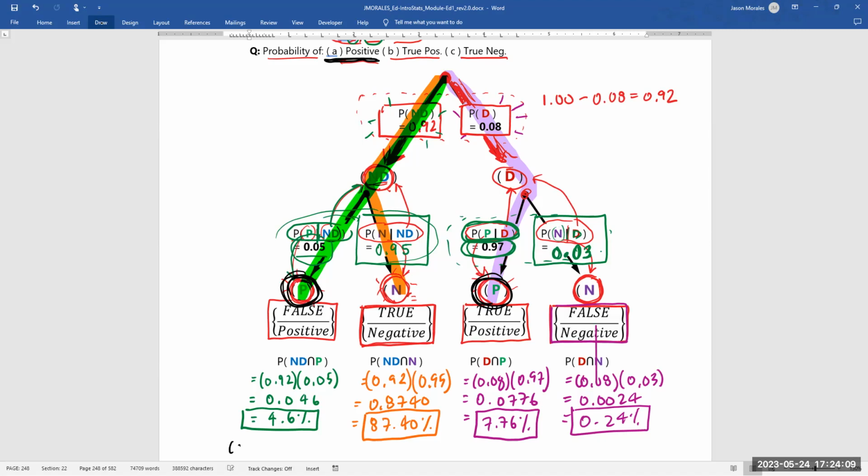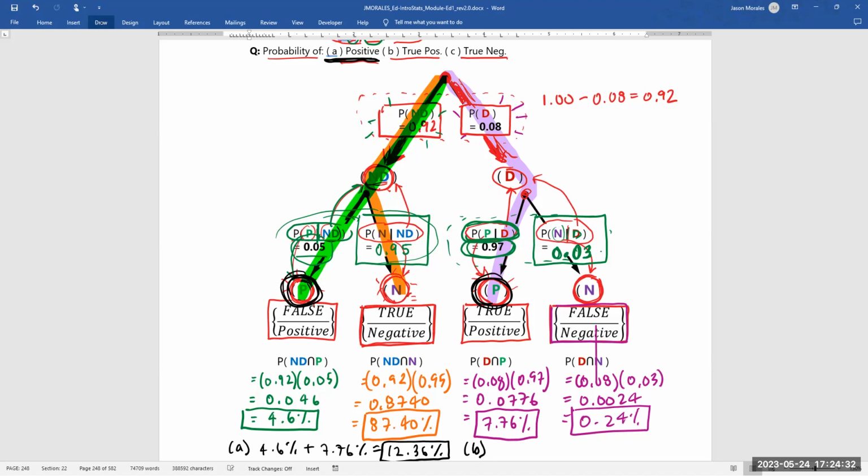So that's going to be 4.6% plus 7.76%, which is equal to 12.36%.